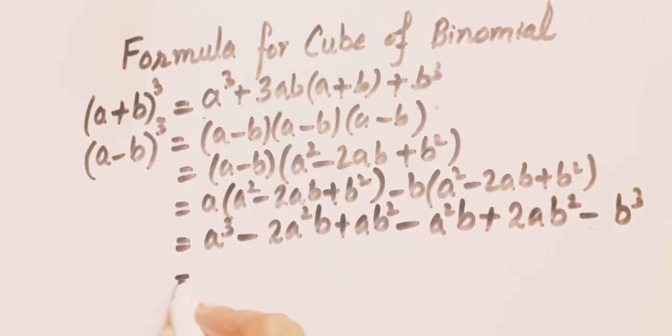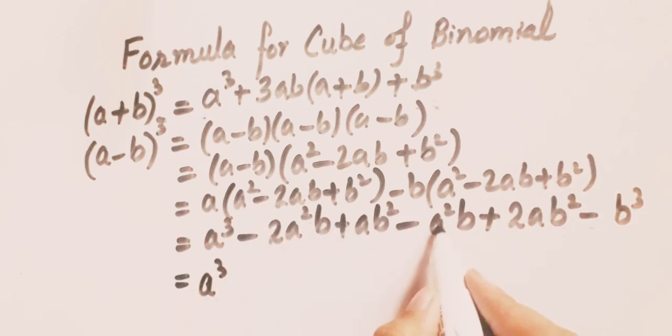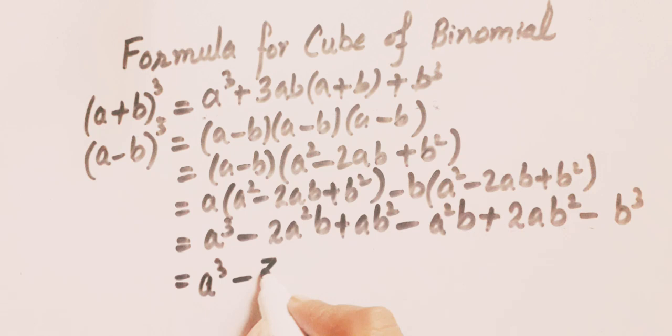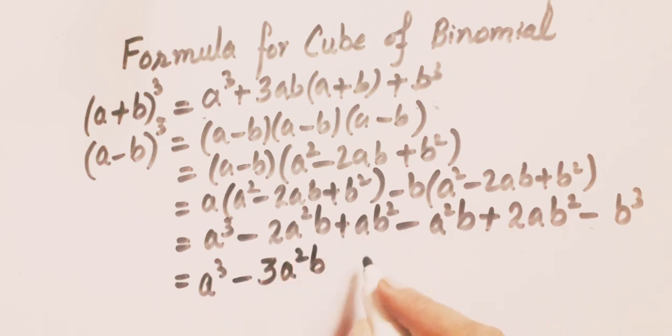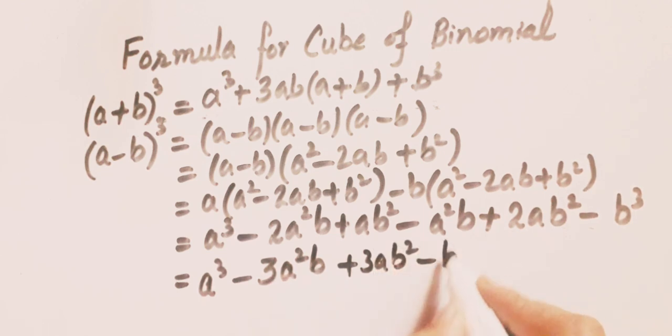So we will get a cube minus 2a square b and minus a square b will become minus 3a square b. ab square and 2ab square becomes 3ab square and minus b cube.